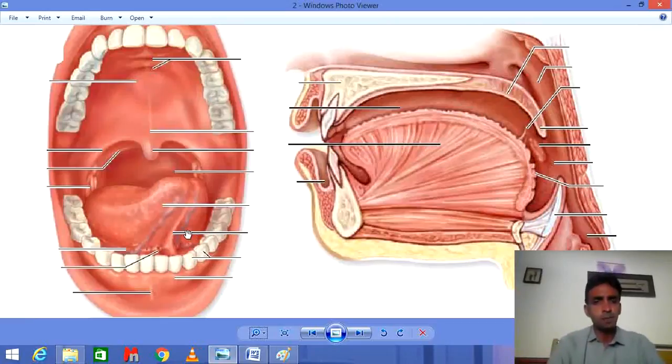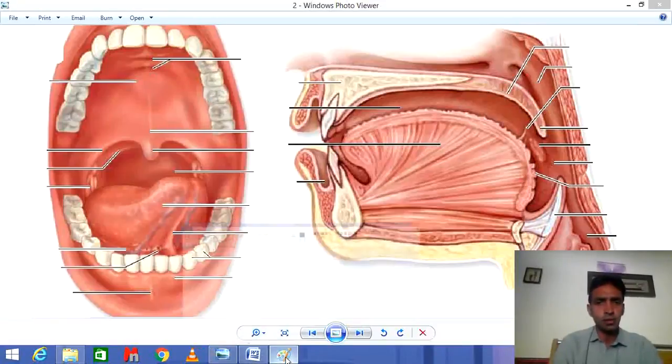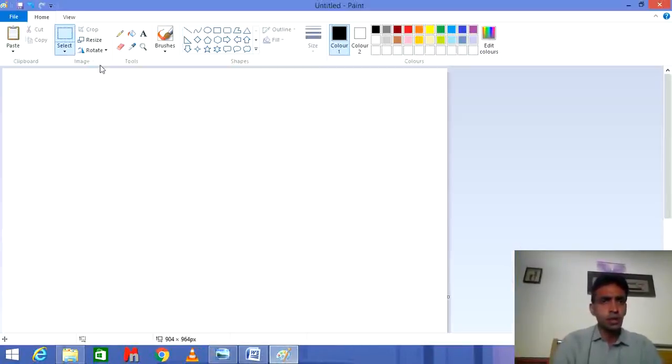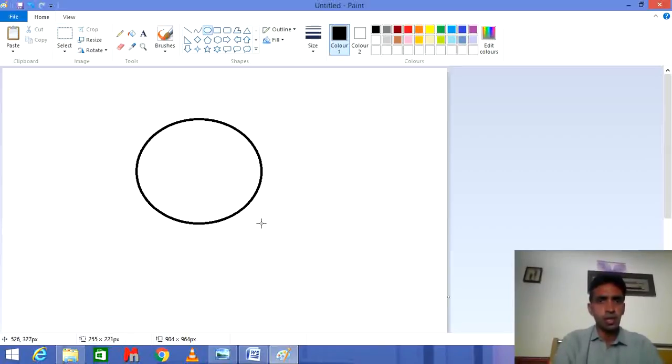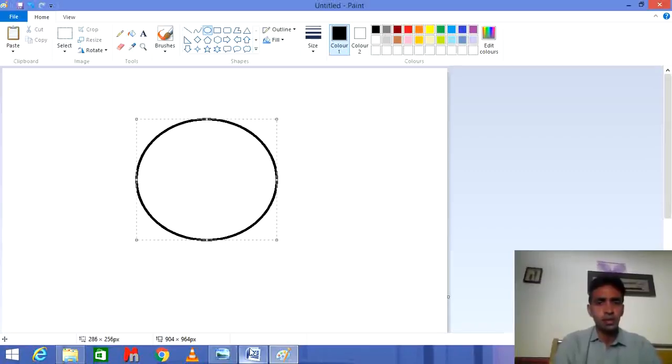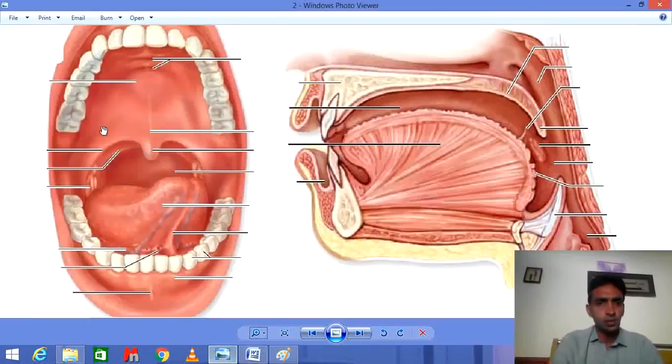We will learn about the glands later. But first of all, for example, this is the last part of the oral cavity, which opens into the pharynx.